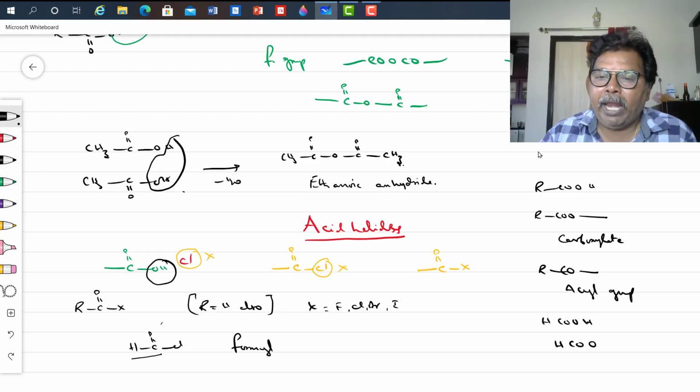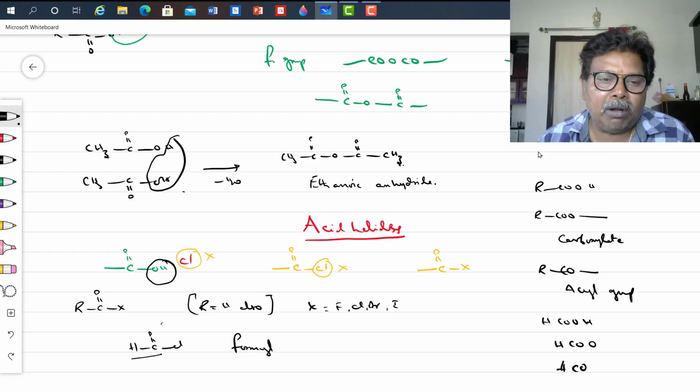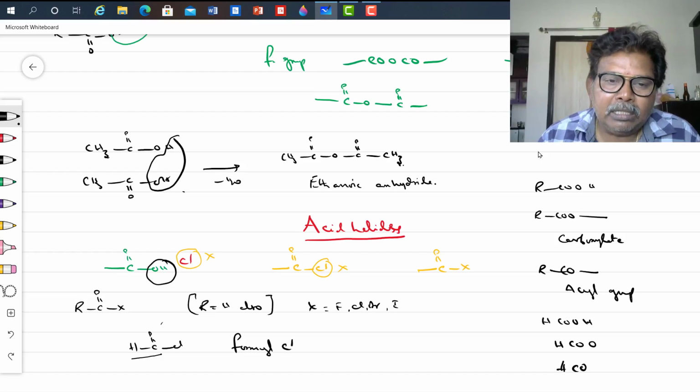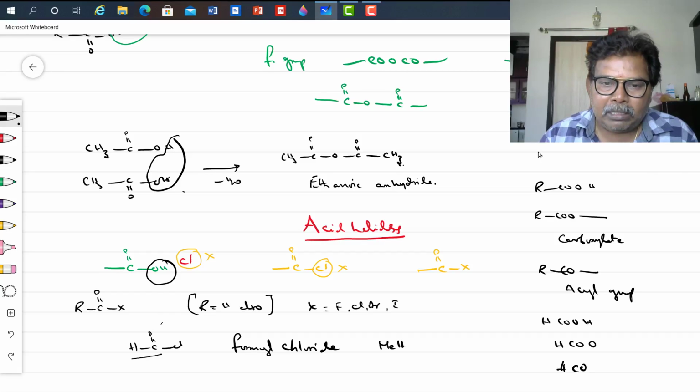HCOO, formate. HCO, formyl. So HC double bond O, formyl, and chloride, formyl chloride. For example, in IUPAC, one carbon, methanoyl chloride.